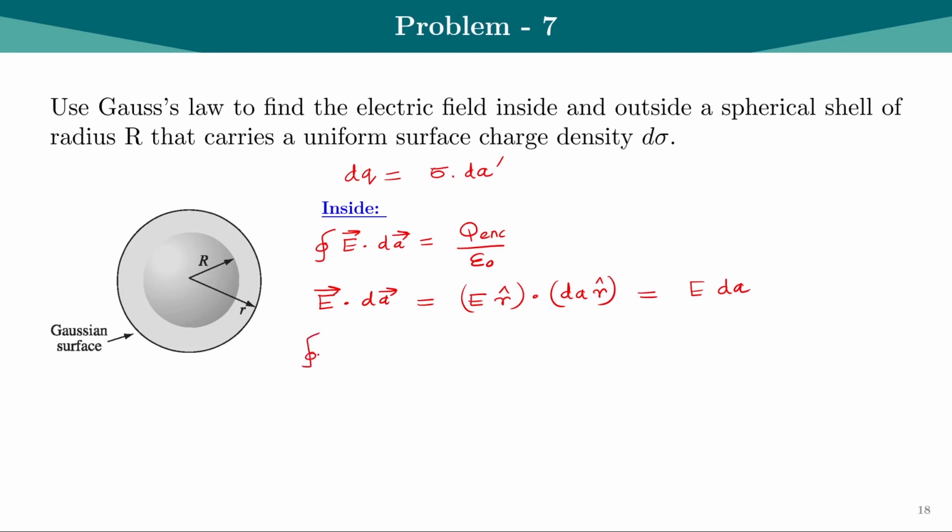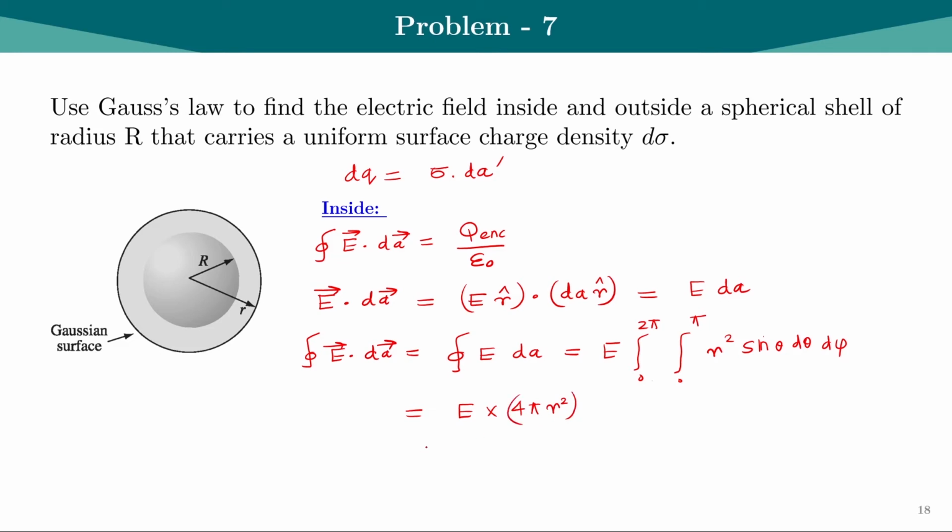Therefore, when we calculate the closed integral of E dot dA, this will be equal to the closed integral of E dA, which is E times the integral from 0 to 2 pi, integral from 0 to pi, of r squared sine theta d theta d phi, and this is equal to E times 4 pi r squared, which is again equal to Q enclosed over epsilon 0.